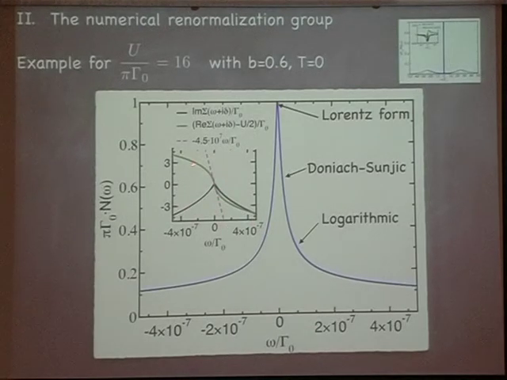You have the linear region, and here the dashed line is the fit to the linear region. And this is 4.5 times 10 to the 7 times omega, which tells you you have a Fermi liquid with an effective mass of, well, 4.5 times 10 to the 7 plus 1. Very big mass. So that's wonderful.